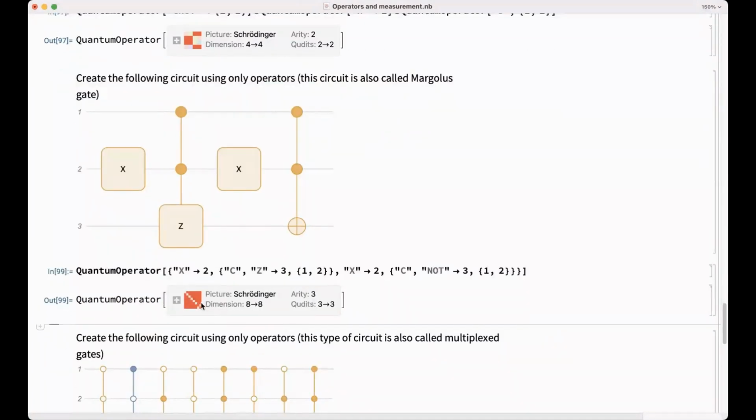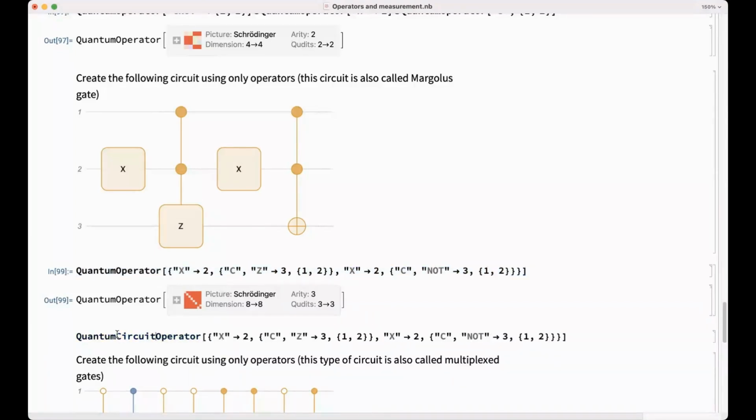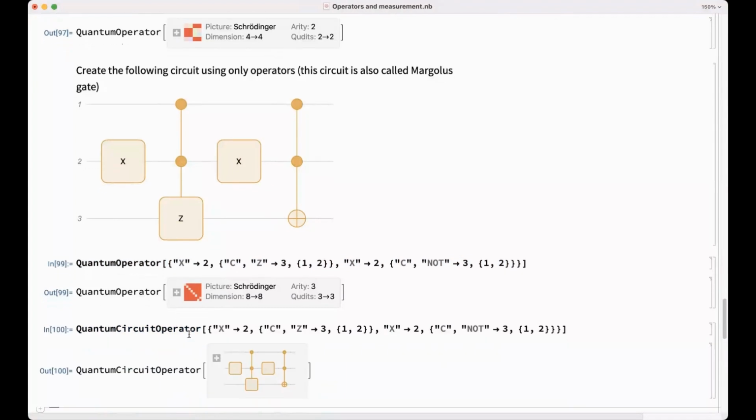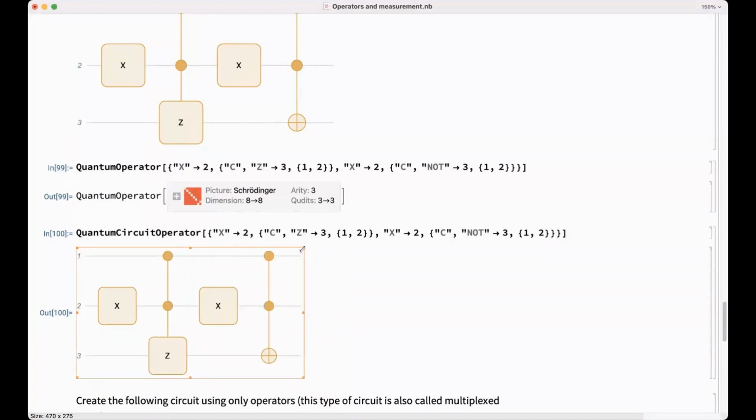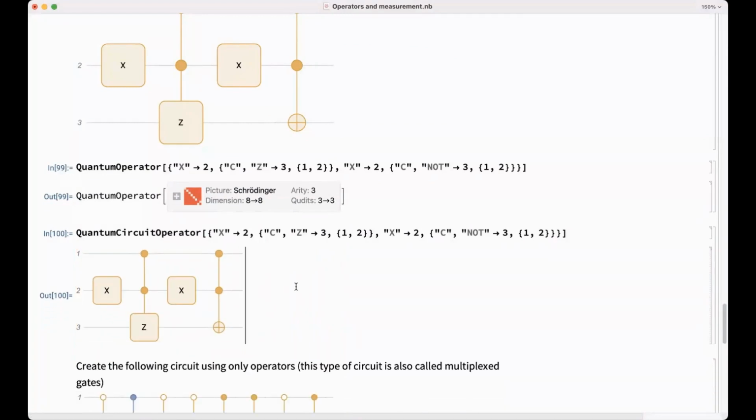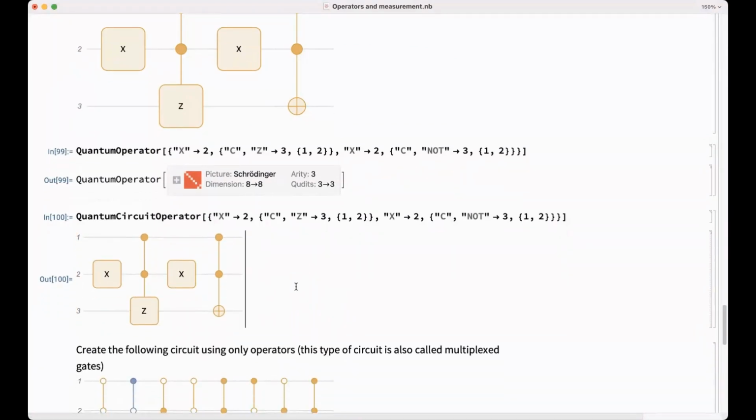Okay, so of course exactly the same construct, you can wrap that one also. Instead of operator, let's go with the circuit and add one extra. You see that's exactly the same thing. For target 3, let's make it 4 just for clarity.